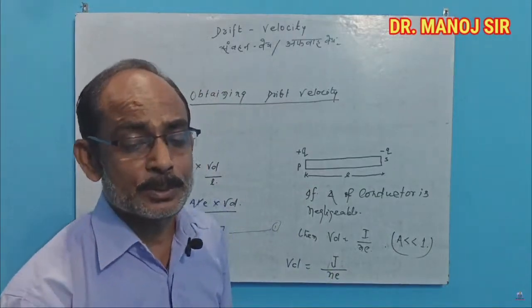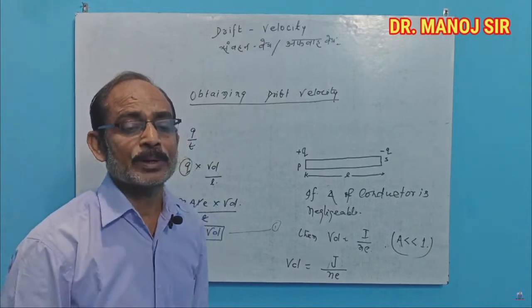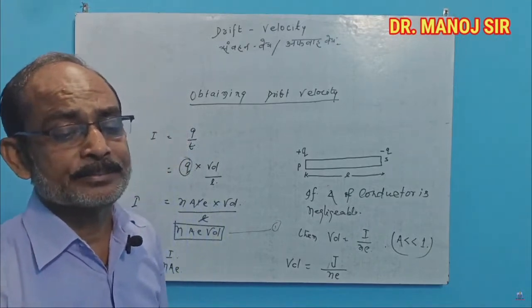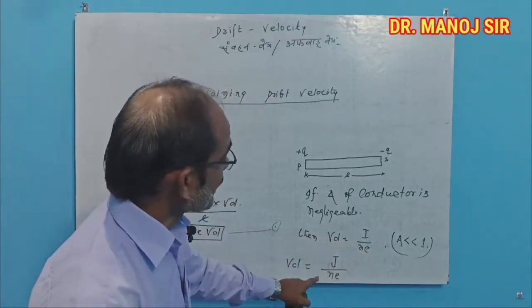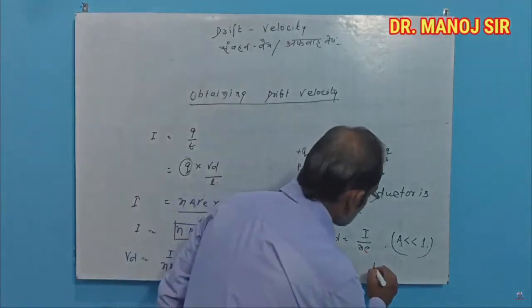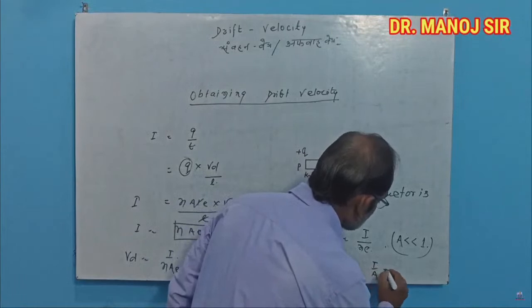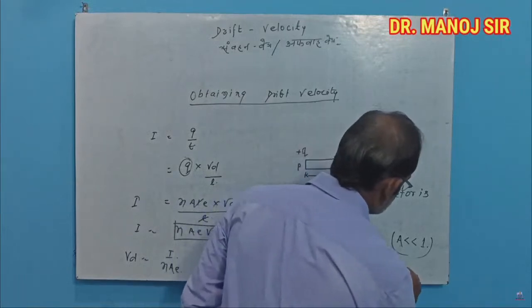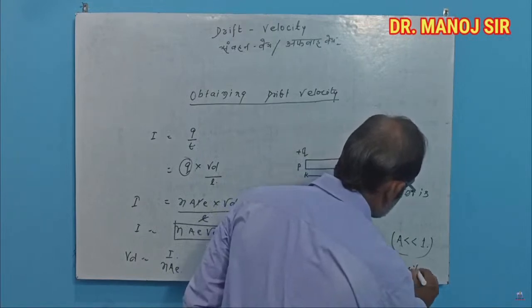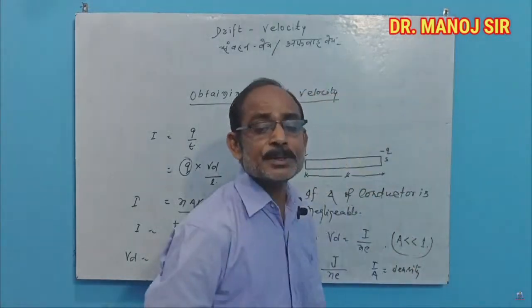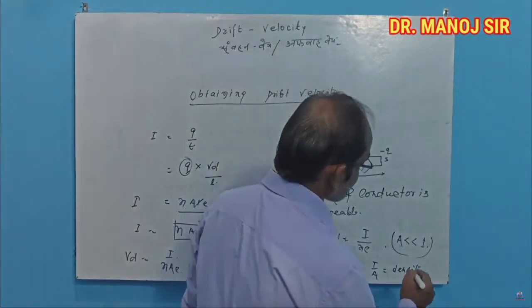So J equal to density of current, I by A. If A is negligible, then I upon A equal to density of current.